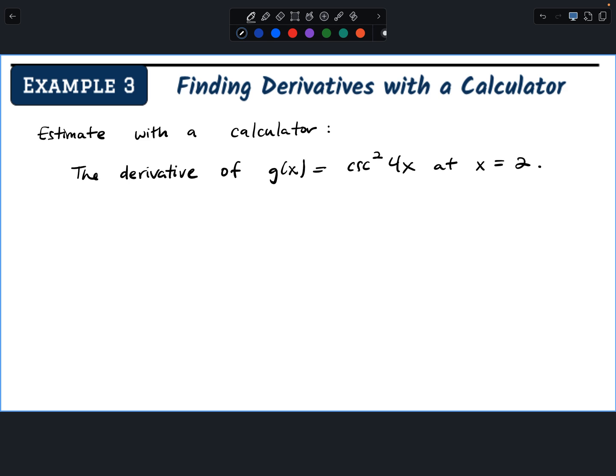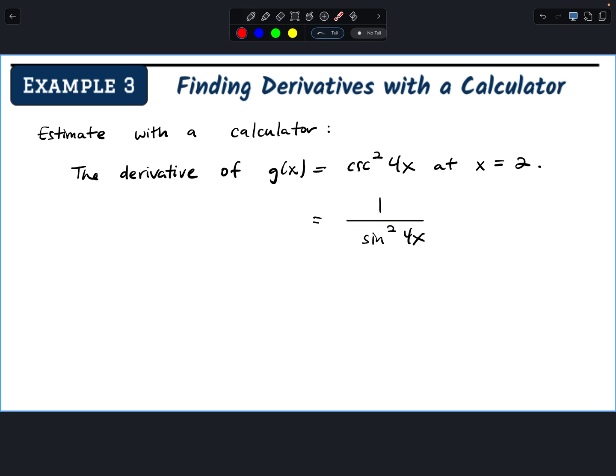Okay, so before you guys do anything, cosecant is a reciprocal of sine. So this is the same thing as 1 over sine squared of 4x, right? Now, your calculator, you cannot type it in exactly this way.